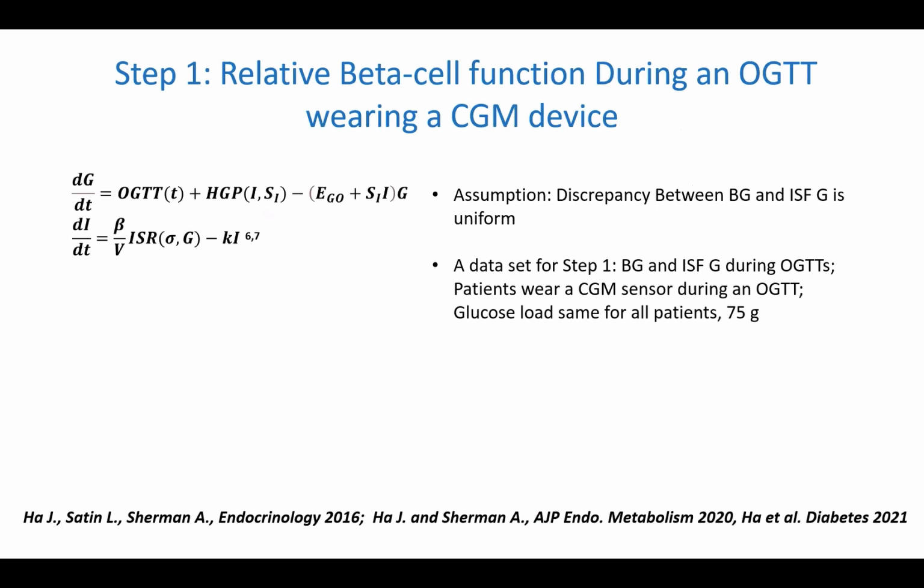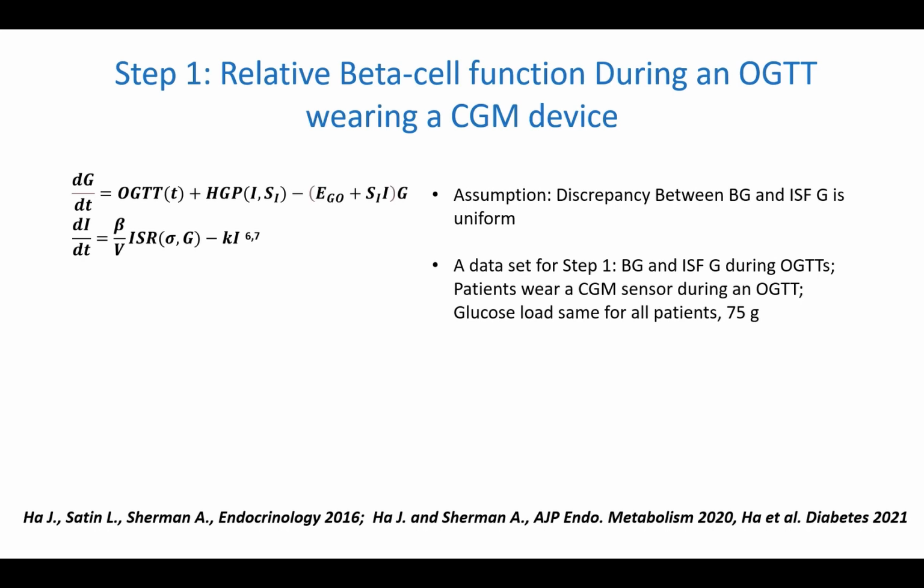Now, step 1. For the model, we assume the discrepancy between blood glucose and ISF glucose is uniform across patients. This is just an assumption. And we need the data. The data set for step 1 is the blood glucose and ISF glucose during the OGTT, which means patients wear the CGM sensor during the OGTT.